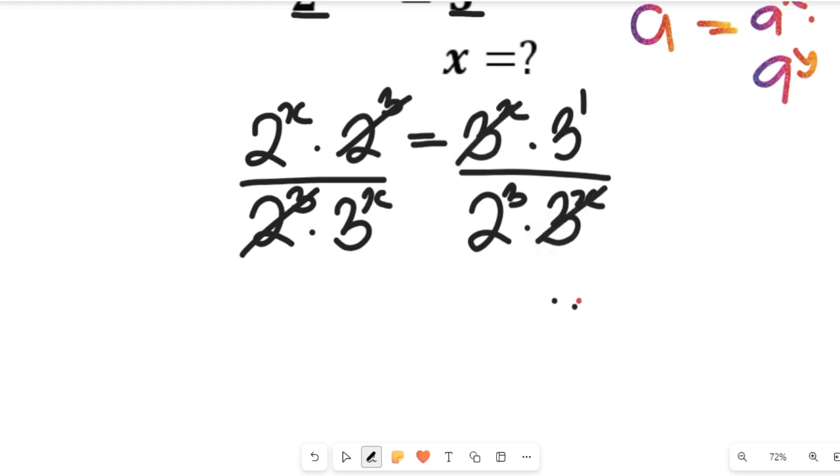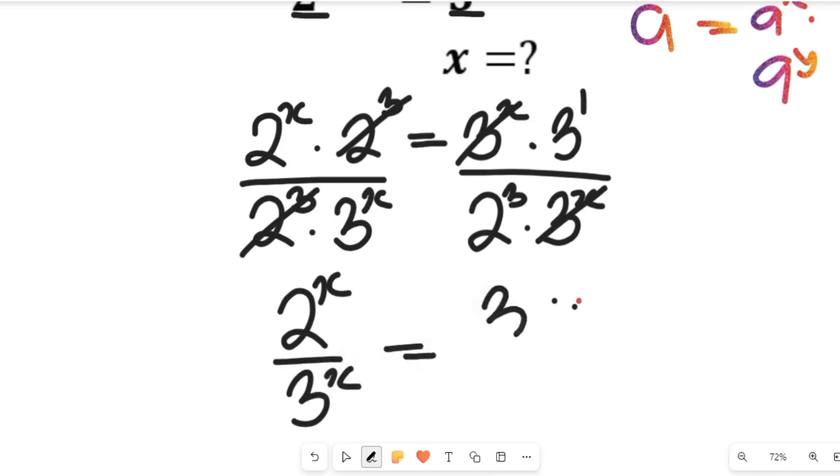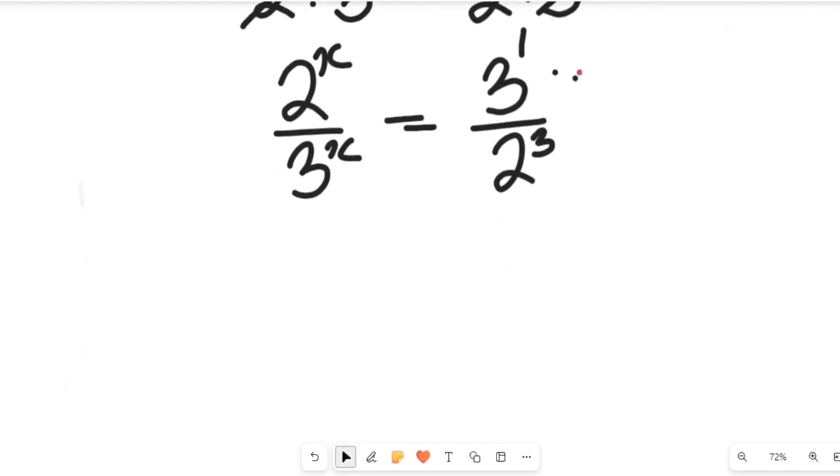What we have remaining is 2 to the power of x divided by 3 to the power of x on this side, and that will be equal to 3 to the power of 1 divided by 2 to the power of 3. Right? Good. So let's simplify further.